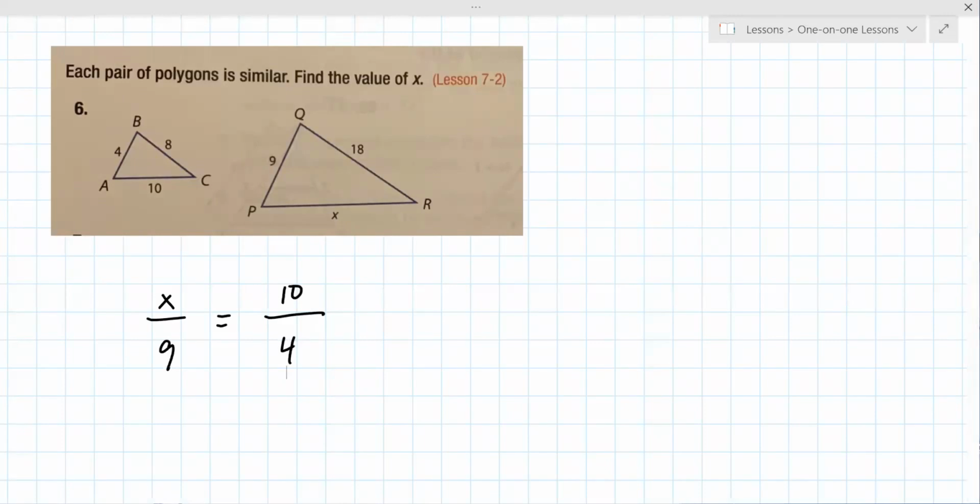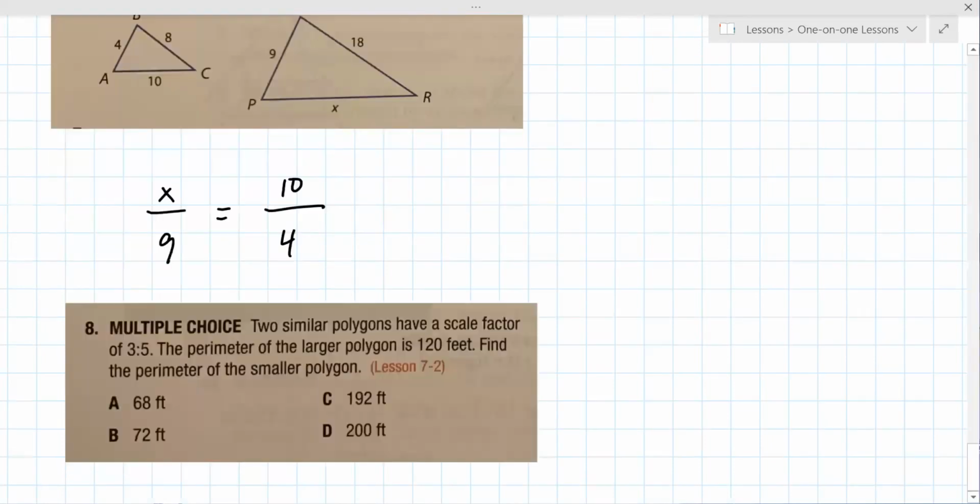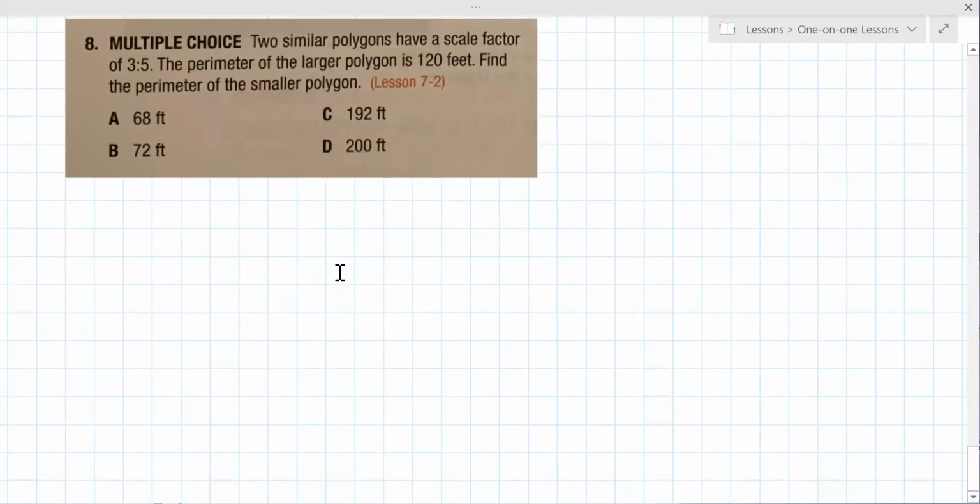Okay, let's move to number 8. All right, so this is two similar polygons, and it's being intentionally vague. It could be a square, it could be a five-sided shape. We don't know, but it says they have a scale factor of 3 to 5.